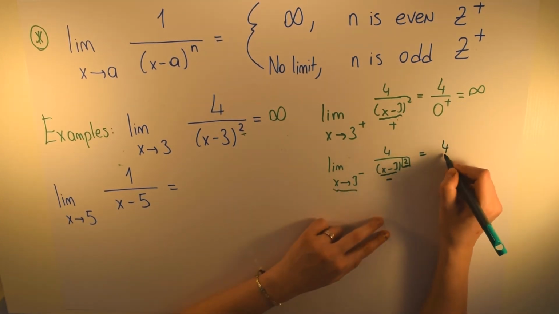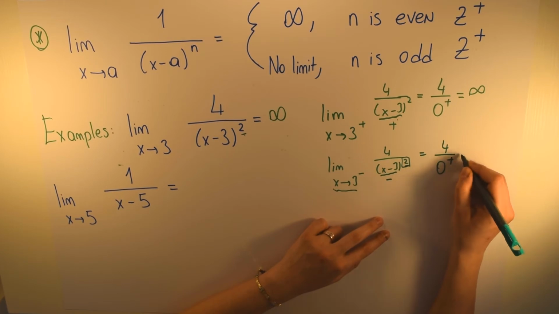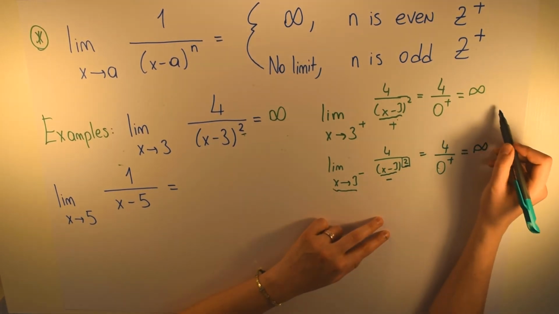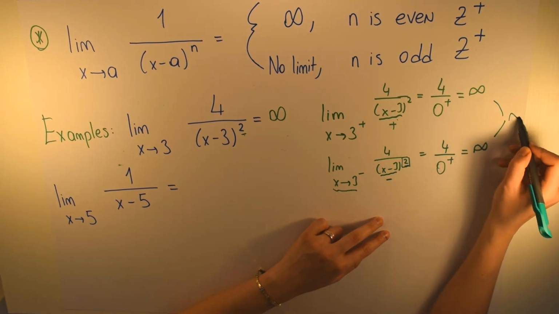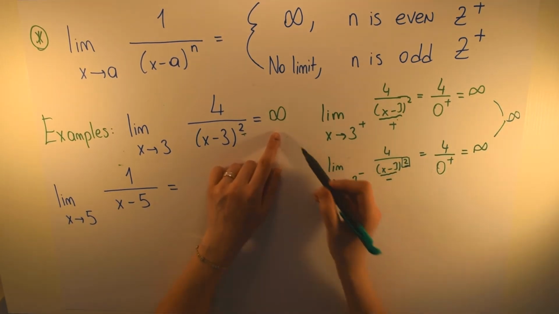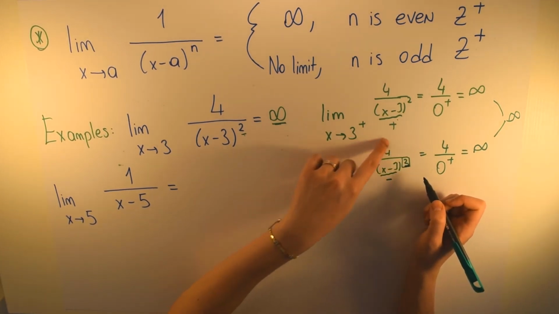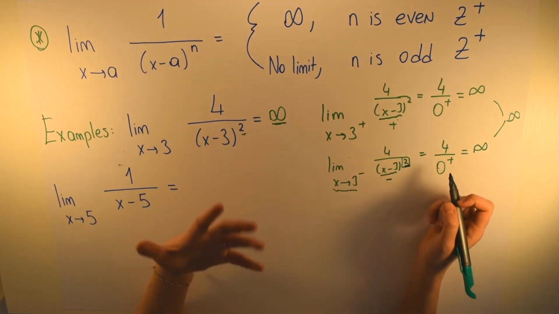That's why this will be equal to 4 over 0 plus, and this will be equal to infinity. So as you can see, these are equal to each other, and this is all equal to infinity. That's why we say that this is equal to infinity. Since we have an even exponent here, it makes this whole fraction positive.